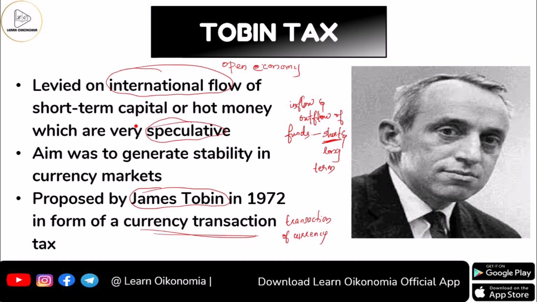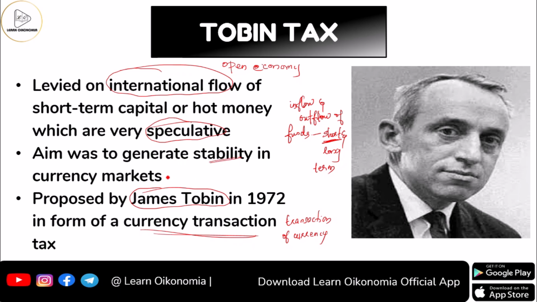And we know that when it comes to speculation, there is upward movement and downward movement with respect to valuation, with respect to prices, with respect to the value that a particular asset would be possessing. And speculation means it is not that stable. But here Tobin tax was trying to generate stability when it comes to the currency market.